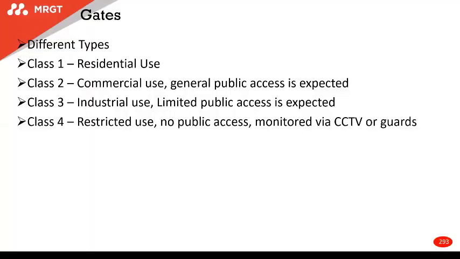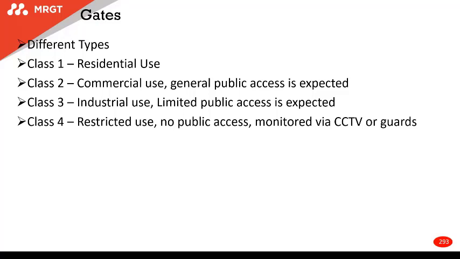So gates now. Gates have different capabilities and types. As I told you, when you're trying to plan a lock, you should also consider the surrounding environment, which is the walls, the mesh, the fences, and also the gates. There are different categories and classes of gates, like class 1, class 2, and class 3 gates.